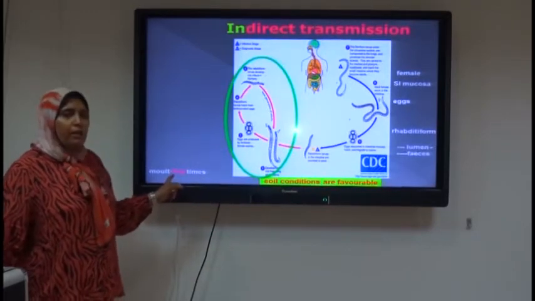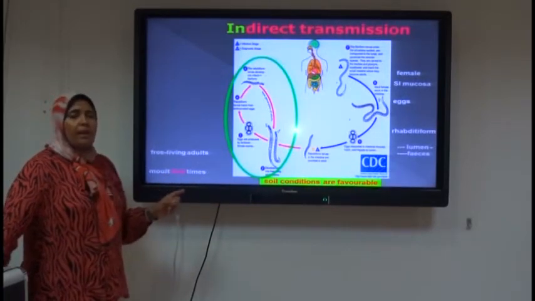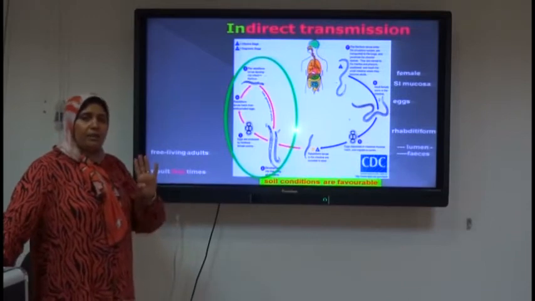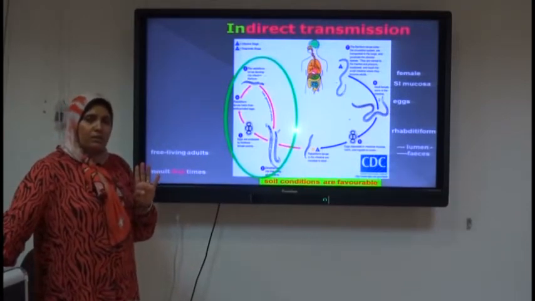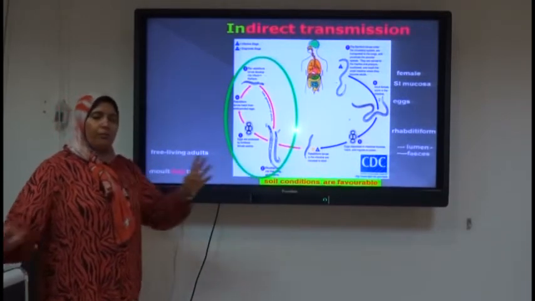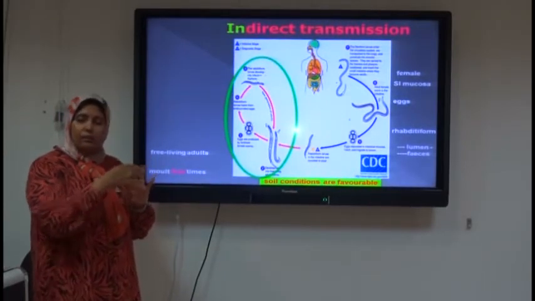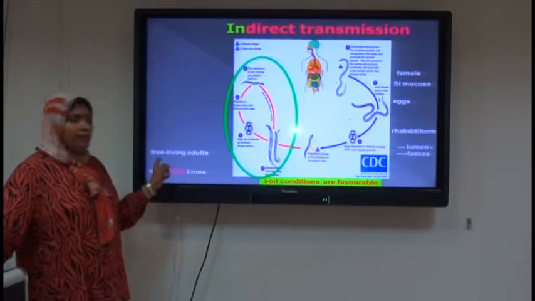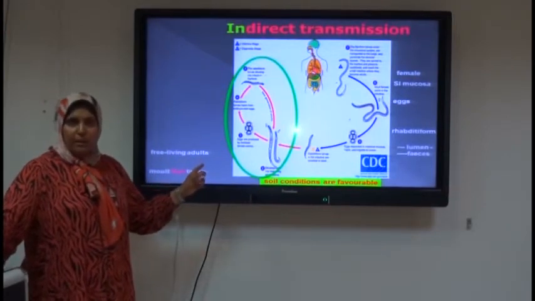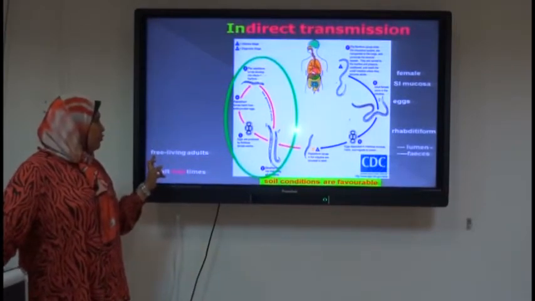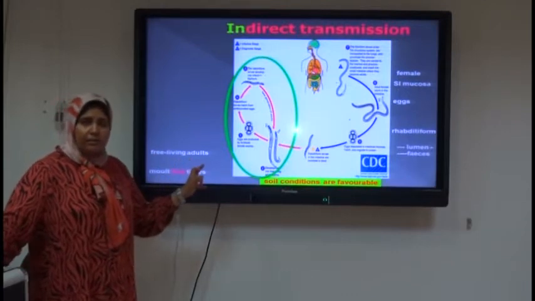Once in the soil, it will molt 4 times, and as we said, these 4 divisions will pass from the rhabditiform larvae, the first 2 to the filariform larvae, and the second 2 to the adult strongyloids. And that's why they will turn to free living adults.